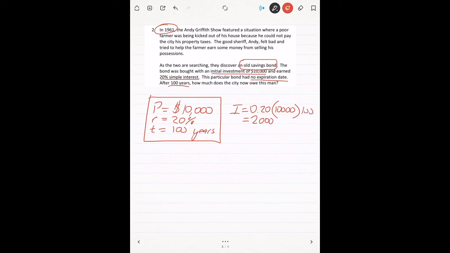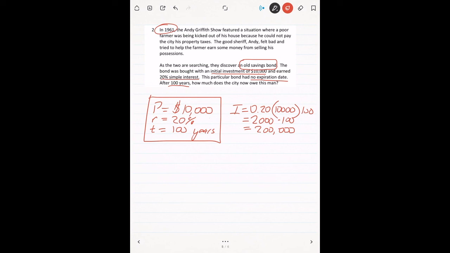And by the way, it's been for 100 years. So $2,000 every year for 100 years is $200,000. This bond has gained in interest $200,000.